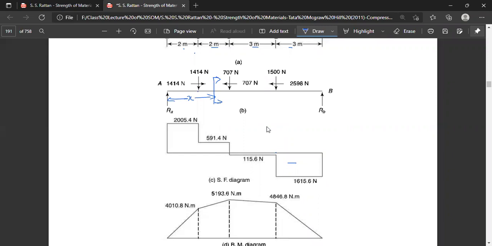So one force RA acting at a distance X creates a clockwise moment, that is positive. Another force is 1414, which is acting at X minus 2 meters from the section X. So that will create a negative bending moment, 1414 multiplied by X minus 2.